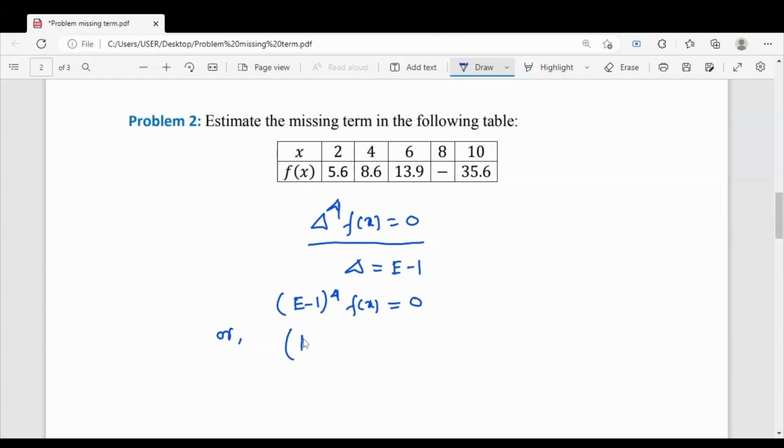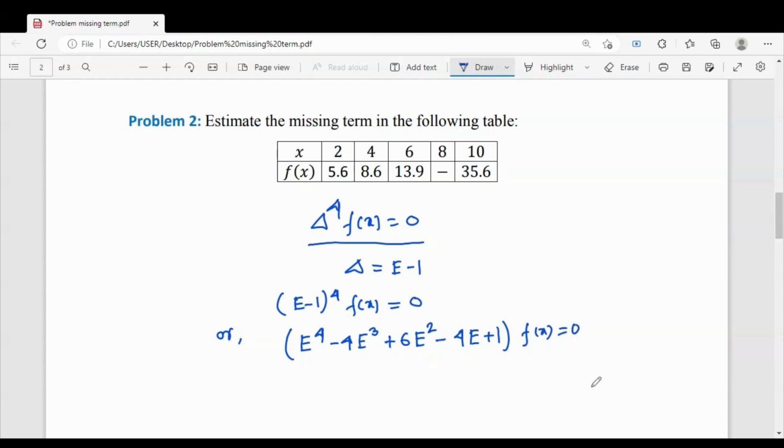It will be E to the power 4 minus 4E cubed plus 6E squared minus 4E plus 1, into f of x equal to 0.